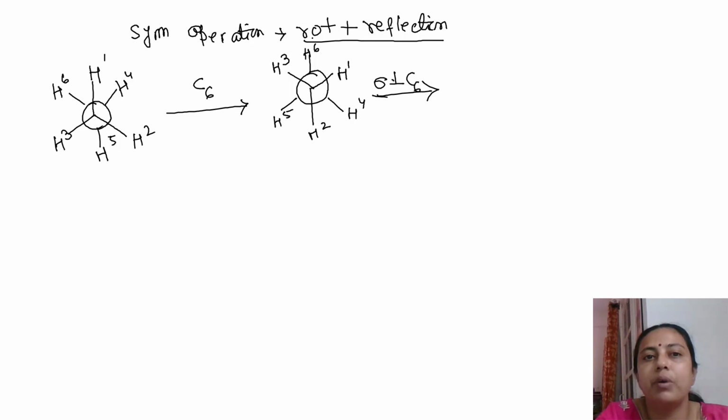You have to remember that in this symmetry operation, rotation plus reflection, the reflection has to be a perpendicular reflection. So if there is a perpendicular reflection, you are going to get this kind of structure.